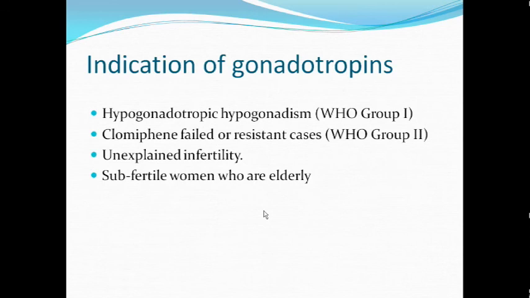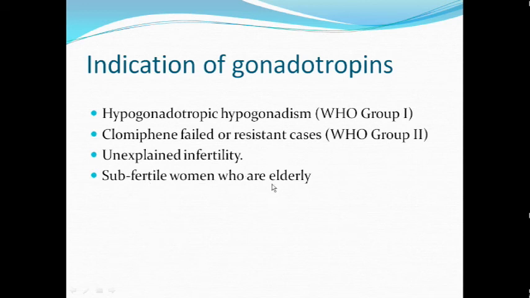What are the indications to use these gonadotropins? In case of clomiphene, your patient should be normogonadotropic, with the HPO axis maintained. For gonadotropins, you can use them if your patient has hypogonadotropic hypogonadism, that is WHO type 1, or normogonadism with a failed clomiphene cycle, or unexplained infertility, or subfertility in an elder patient.